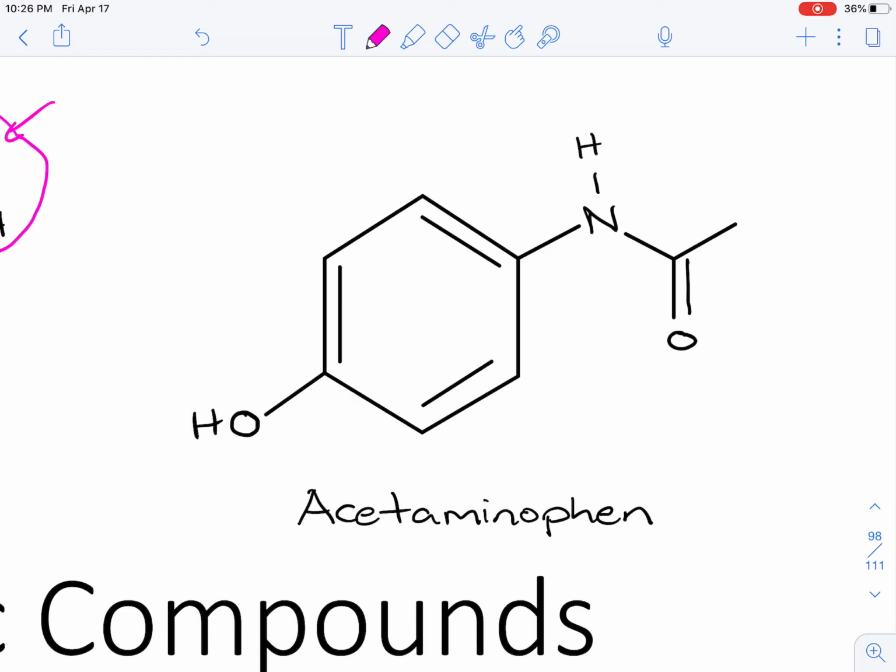If you are out there buying Tylenol and looking at the box, it says acetaminophen. This is the organic structure of acetaminophen. And hopefully with your current knowledge of organic chemistry and the skeletal structure, you can imagine all of the invisible hydrogens that have been excluded from this skeletal structure.